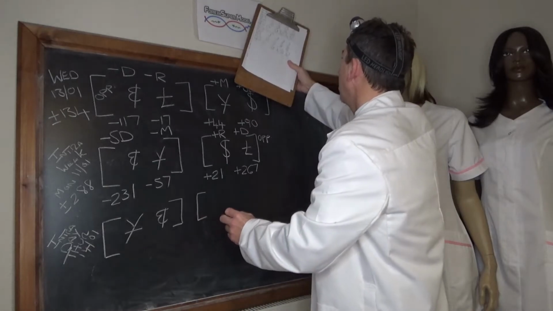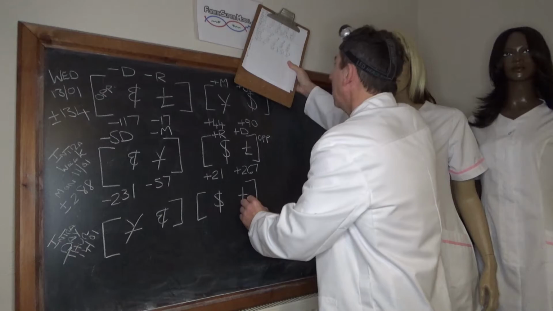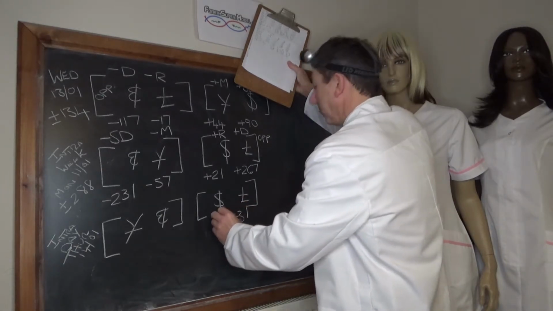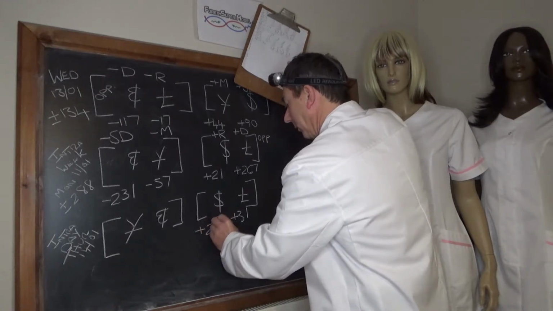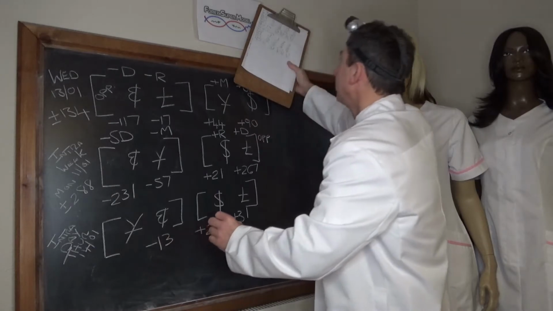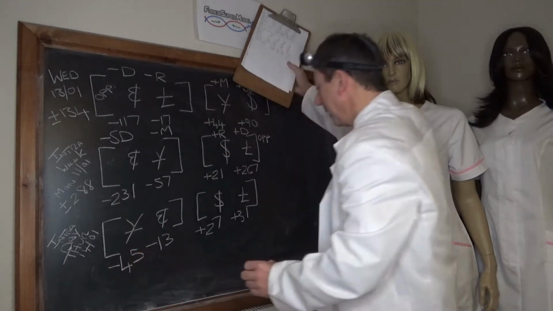We've got dollar pound on the positive, and we've got plus 31 for the pound, plus 27 for the dollar, minus 13 for the euro, and minus 45 for the yen.